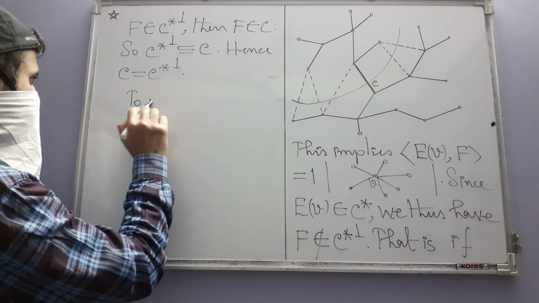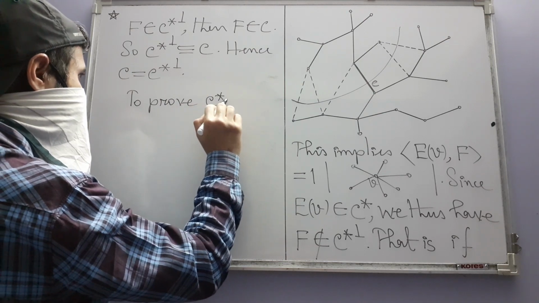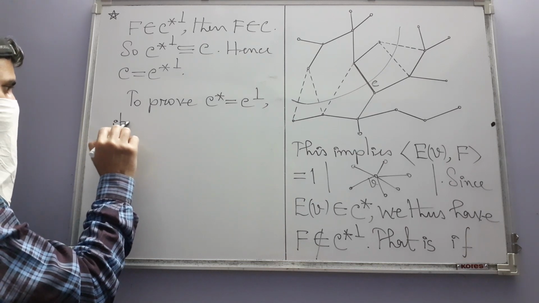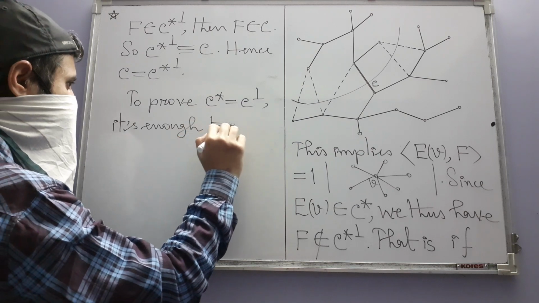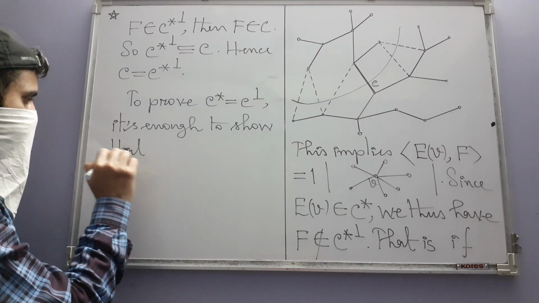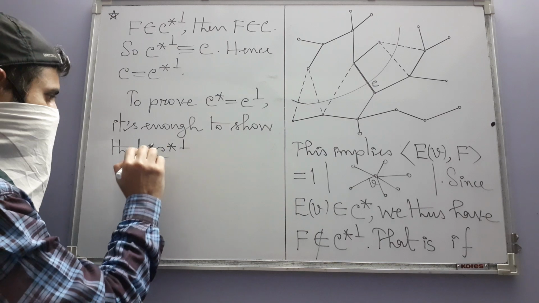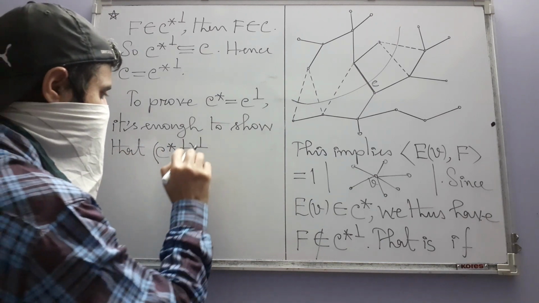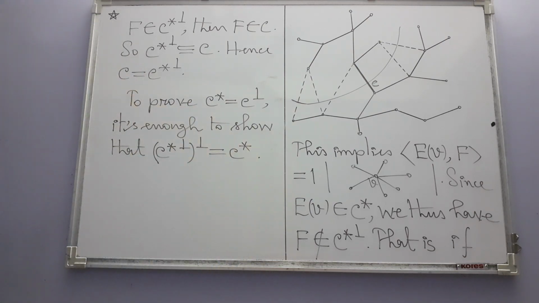To prove it, it's enough to show that if we take the orthogonal complement of the cycle space, then we get the cut space back.